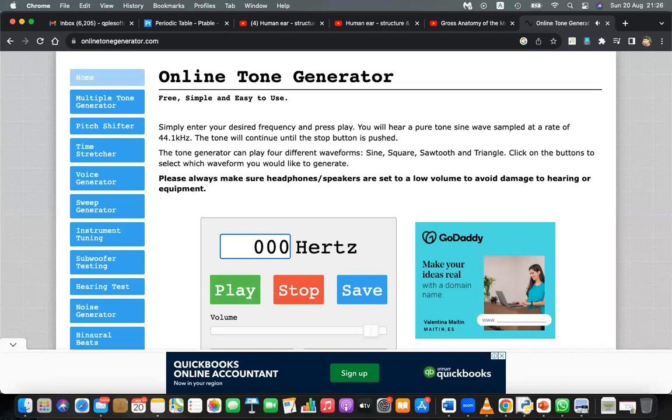Let's increase to 4000. Little bit annoying, but 4000 can be cooperate. Little bit annoying, but still you can manage. So let's increase to 6,000 now.